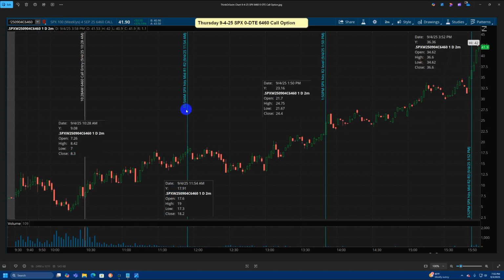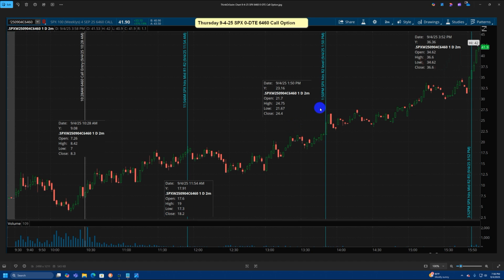Here is the 11:54 a.m. candle here for this call option, and this would be when SPX hits the mid R1, R2 level. And here on the close of that candle, now the option is $18.20.